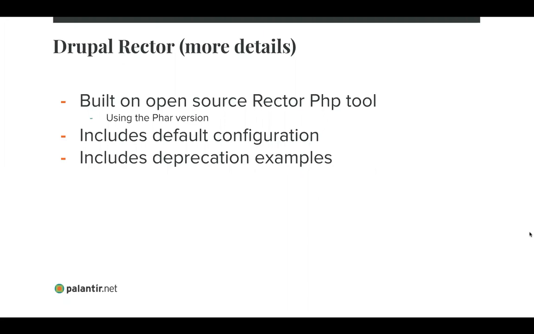It attempts to analyze the code within the context, and it knows that this is a method or this is a class. These are the arguments for it, and it understands the inheritance of the classes and what's there, and it figures all that stuff out. Because it does that, it needs a little bit of configuration, and that configuration is included in this Drupal Rector project as a starting point.